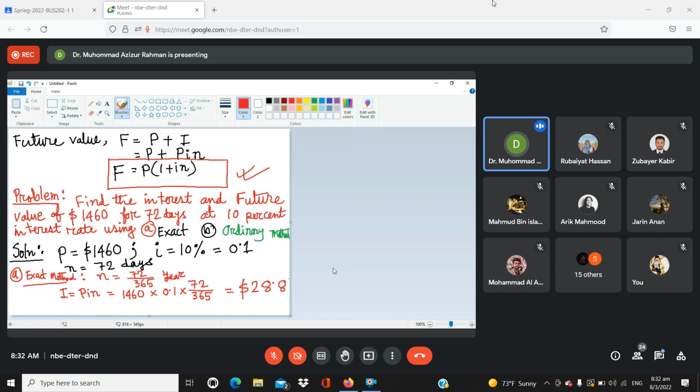So here there are two parts of this question. One is you need to find the interest, and you have to find the future value. So my future value F equals principal amount plus the interest. My principal amount is 1460, and my interest I'm getting is 28.8.